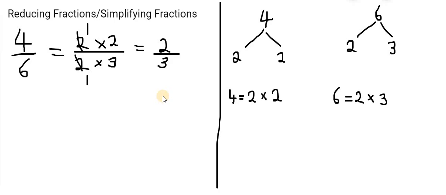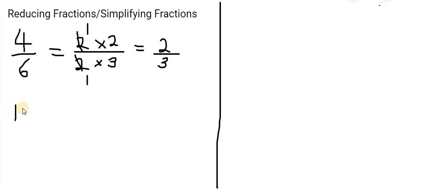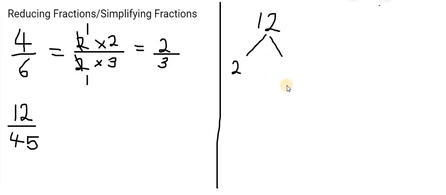Now, if I considered reducing 12 or simplifying 12 over 45, once again, I would take 12 and I would break it down. 12 is an even number, so 2 is a factor. The number that goes with 2 to make 12, if you don't know, you can do that by 12 divided by 2.